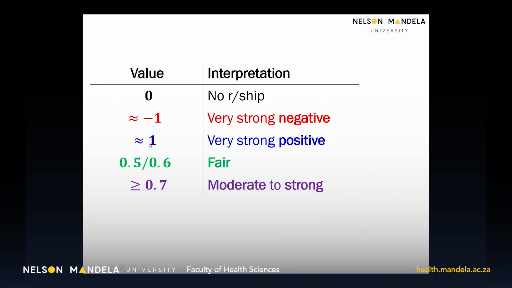And if you are getting a value close to positive 1, meaning a plus sign, that means the association between the two variables you are comparing is very strong. However, if it's plus or minus 0.5 or 0.6, we are saying maybe there's a fair to moderate correlation. And if it's bigger than plus or minus 0.7, it's still moderate to strong.